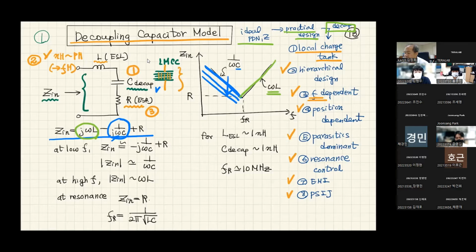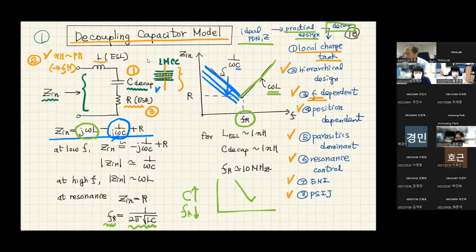At the crossing of capacitance and inductance, we're going to have a resonance frequency that is 1 over 2 pi root LC. So if you have larger capacitance, the resonance frequency will be reduced.